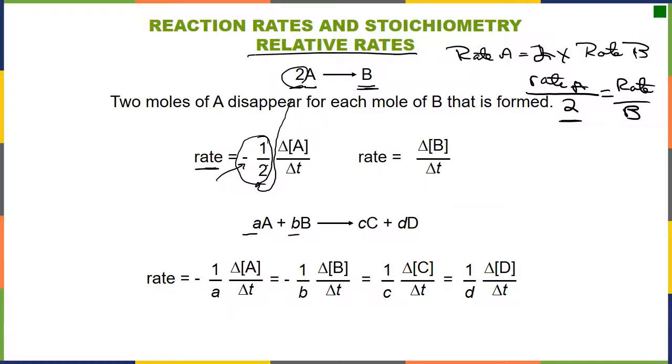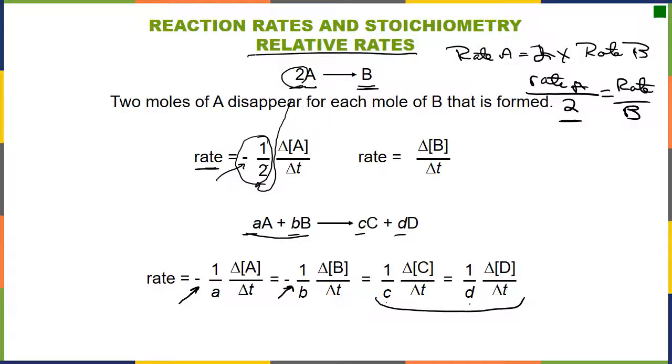If we have something complicated like this, we have aA plus bB goes into cC plus dD. For the reactants, these guys, we're going to put our negative sign. We're going to divide each of these by the stoichiometric coefficient. And for the products, because they're already positive, we simply only need to divide by the stoichiometric coefficients.